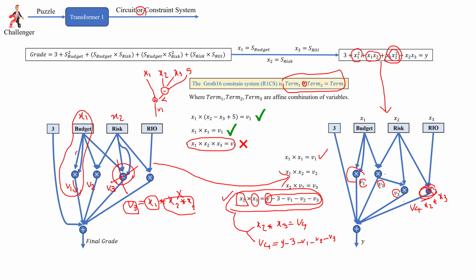That's the reason we try to use this constraint instead of the other 2 constraints. Okay, so the first step is done. We converted the puzzle into a valid circuit or a list of constraint system.